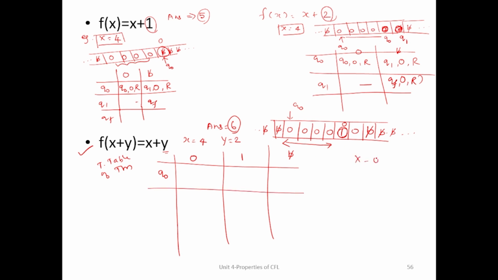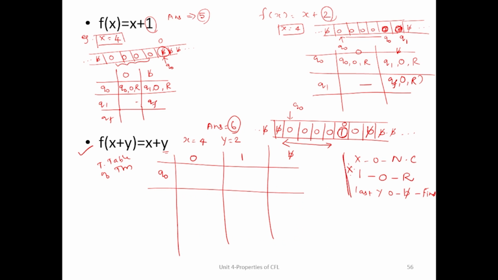The x zeros mean no change, and 1 means we should change it to 0 and go to the right direction. If it is the last y0, replace it with blank space and go to the final state. That is the logic, so you just write the logic at the right side. According to it, we should fill up the table.